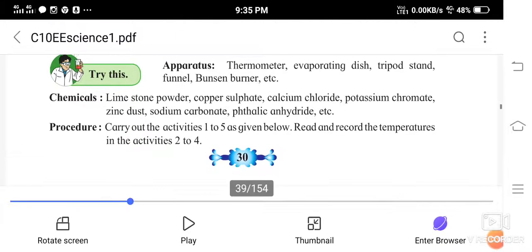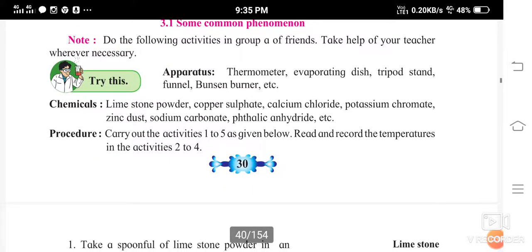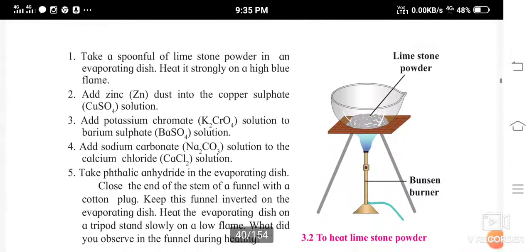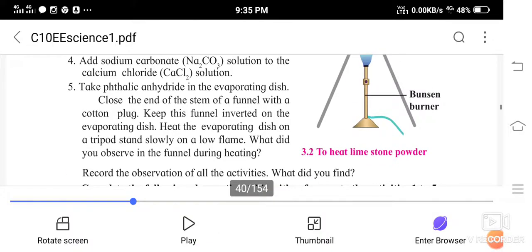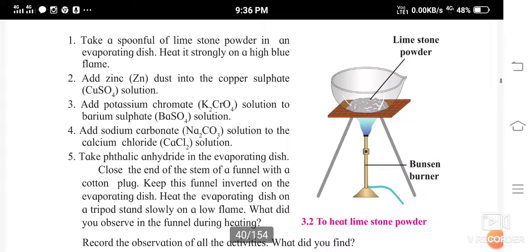See which are the apparatus you are going to take. You are going to take a thermometer, evaporating dish, a tripod stand, funnel, and Bunsen burner. You can see over here in the figure.